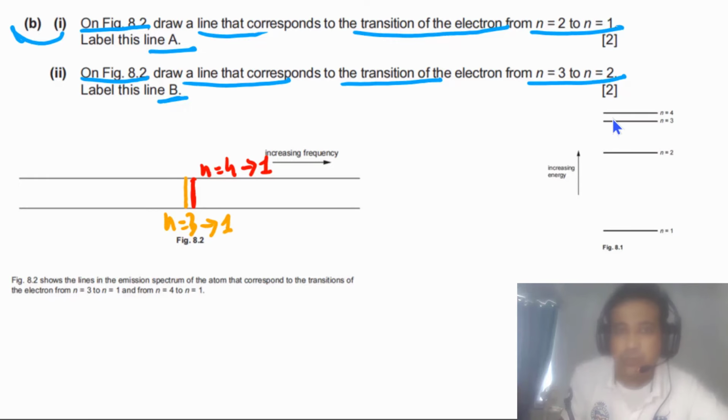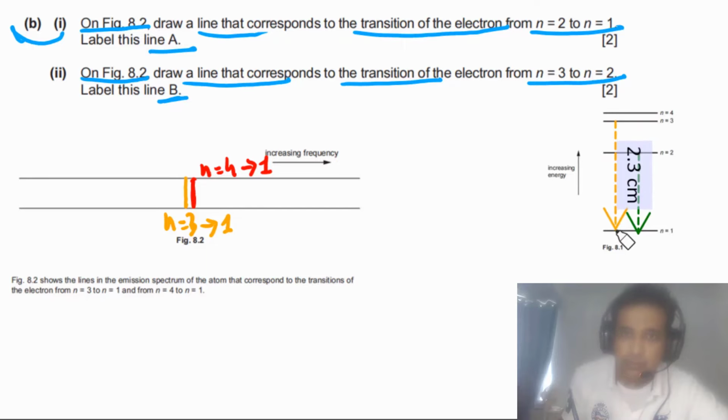And also we need to remember that the gap between these energy levels is almost the same as the gap between these lines. Now for this question, we need to draw N2 to N1. So we can draw this green line here. So this is 1.6 centimeters, 1.7 centimeters. This is 1.7 centimeters. We can draw a line from N3 to N2 as well.